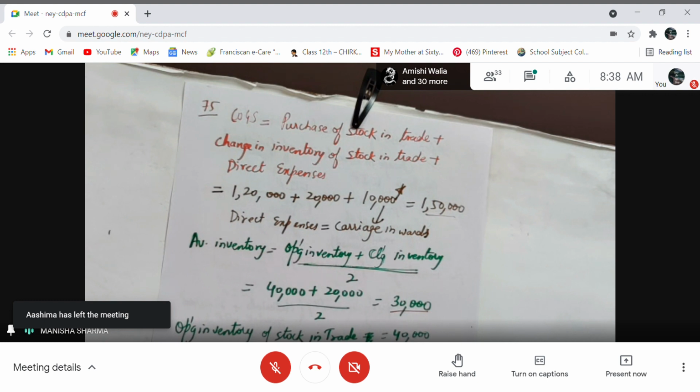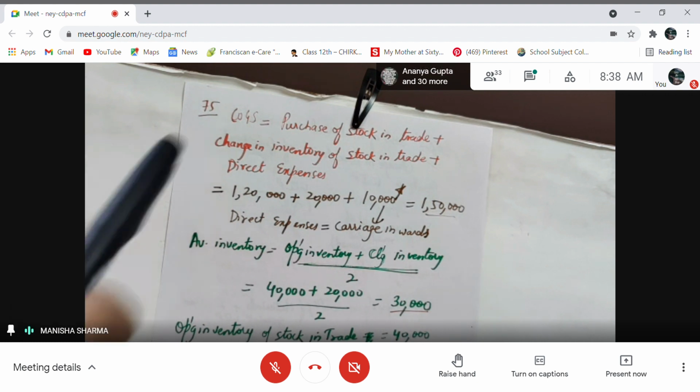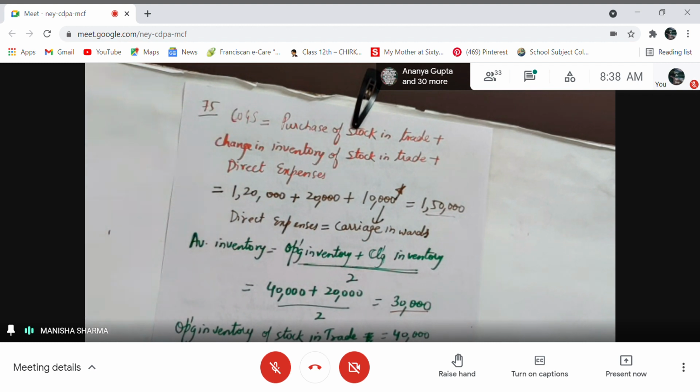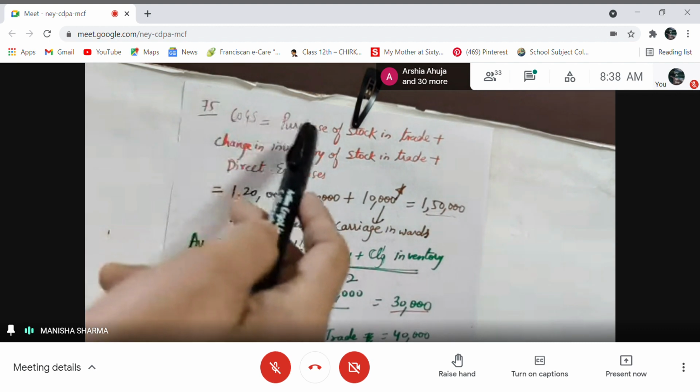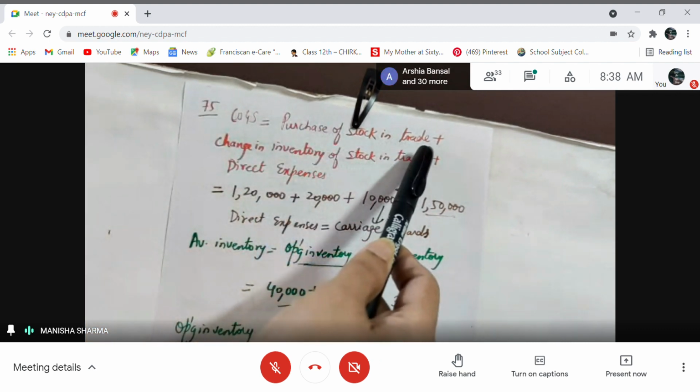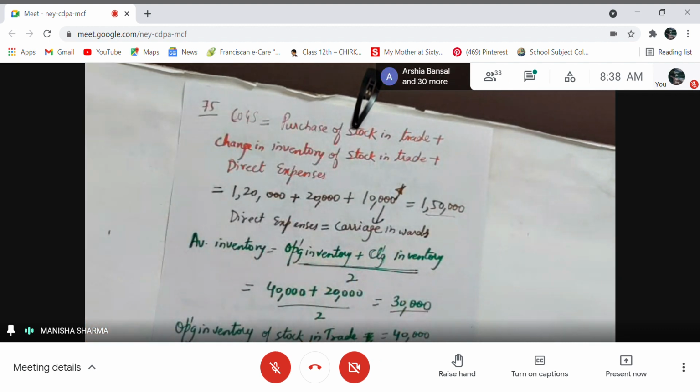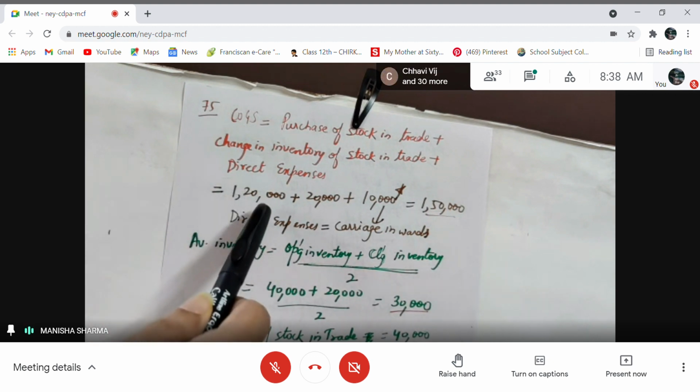if a statement of profit and loss is given to you, how do you find COGS? The formula, if you remember, yesterday we discussed, and I emphasized that this is a new formula which you need to learn for cost of goods sold. Cost of goods sold would be purchase of stock in trade plus, purchase of stock in trade is given to you as 1,20,000. See in the statement of profit and loss, against purchase of stock in trade, they have given you 1,20,000, right?